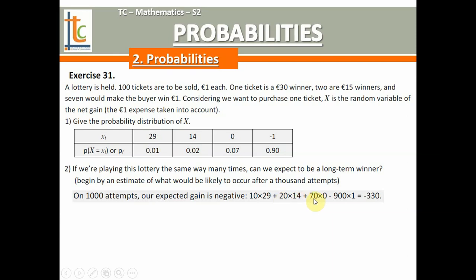You can expect to win 70 times nothing. And you can expect to lose 900 times €1. The result, unfortunately, is negative. It's negative €330. So that's an expectation, an ideal expectation, only based on the probabilities.